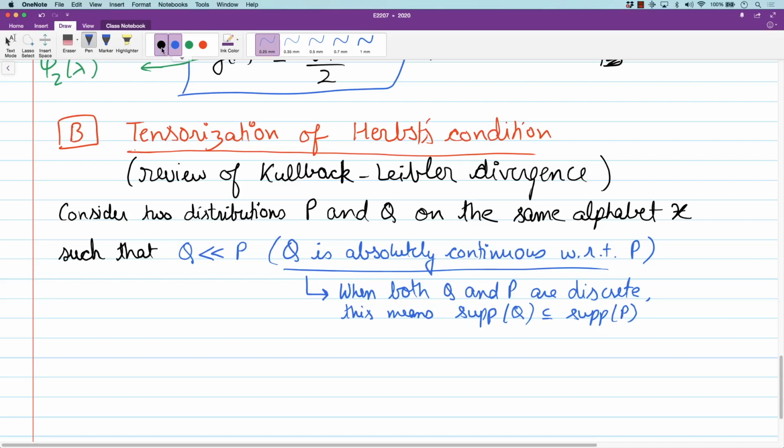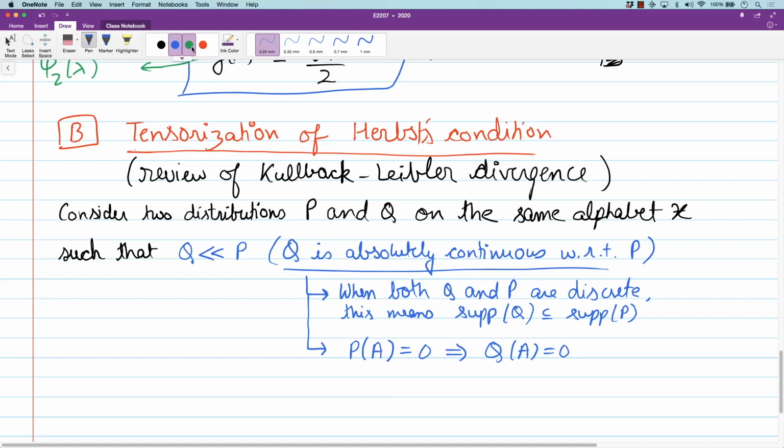This is for the discrete case. In general, it means if P assigns probability 0 to a set, then that implies that Q also assigns probability 0 to the set. This is in general the definition.